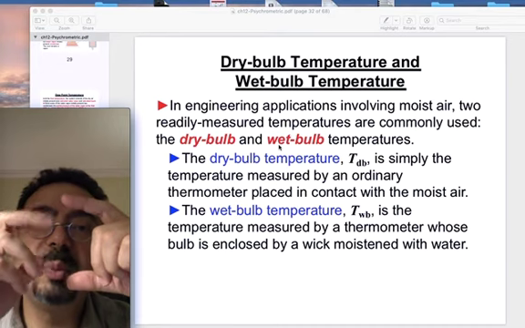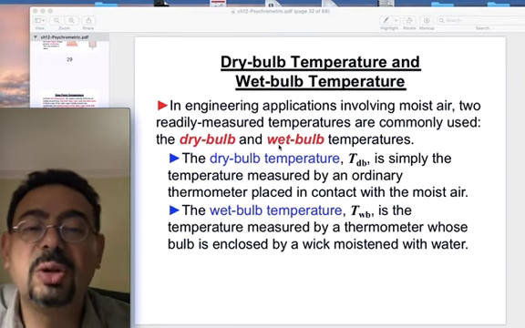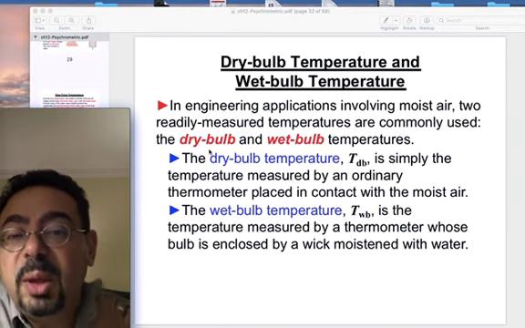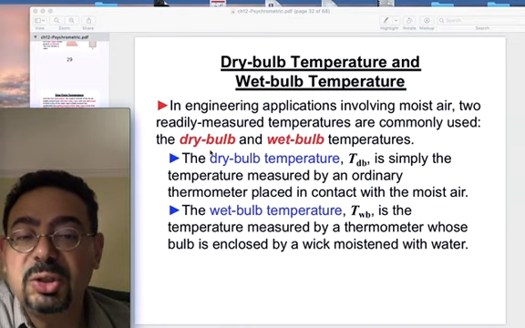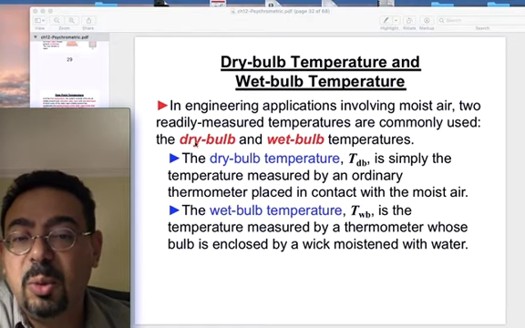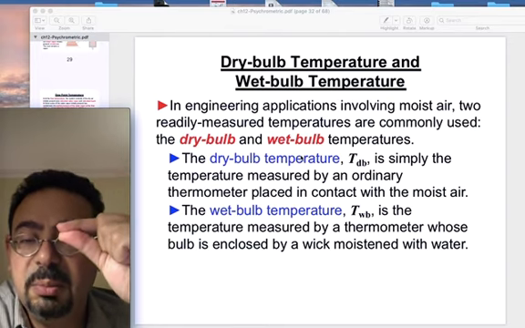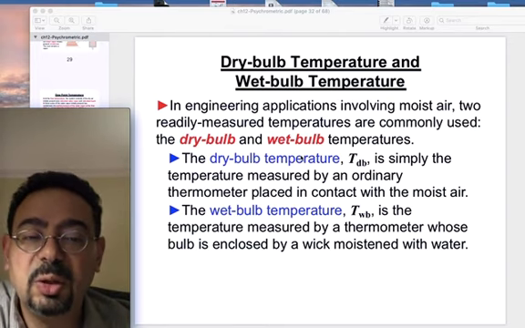So it will evaporate, and the wet bulb temperature will end up being very, very low, right? So the difference between the wet and the dry bulb temperature is a measure of how dry the air is. The bigger the difference between them, the drier the air. And if they are the same, then the air is 100% humid.